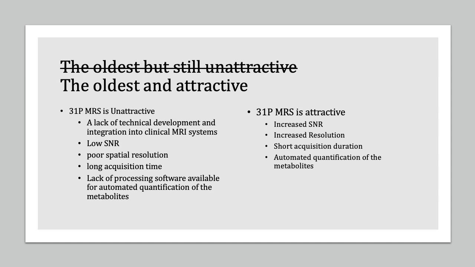So, in this talk, what we are trying to achieve is to make phosphorus spectroscopy as attractive as it was before by providing improved signal to noise ratio, improved resolution, reducing the acquisition duration, and making the quantification automated and minimizing the user interaction from acquisition till processing.